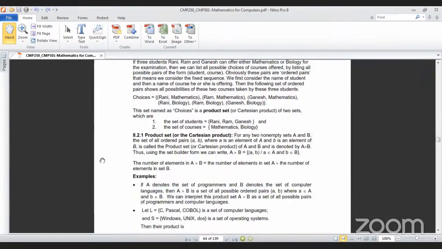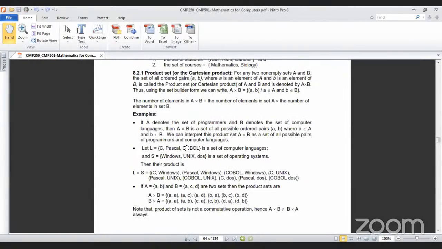Let me show how you represent it. There are two types of Cartesian product. The first one is A cross B and the other one is A cross A. Now A cross B will be all the elements (a, b) where a belongs to capital A and b belongs to capital B. For example, you need to find the product of this.